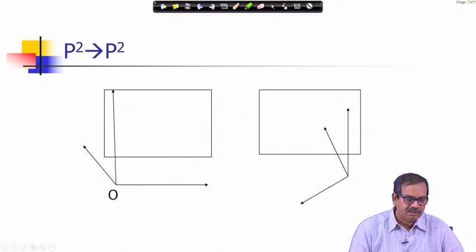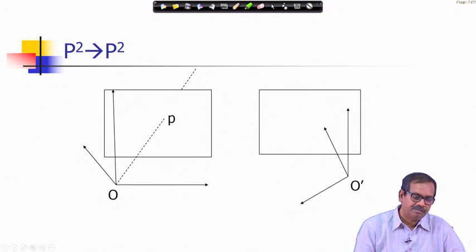So, in this case O prime is the center of projection of the other projective space. So, a point in the projective space which has been shown earlier is represented in this form.